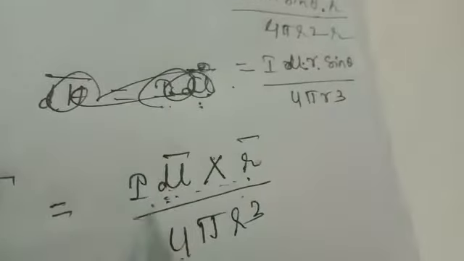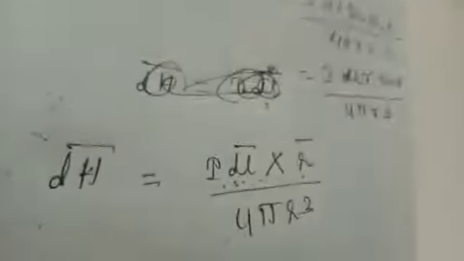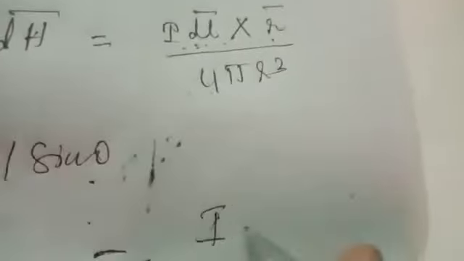So the total expression can be written as I dl bar cross R bar by 4 pi R cube.